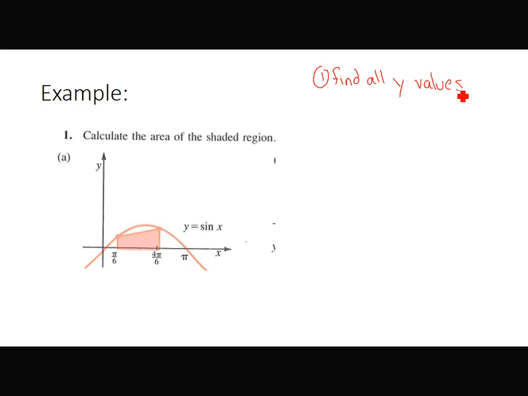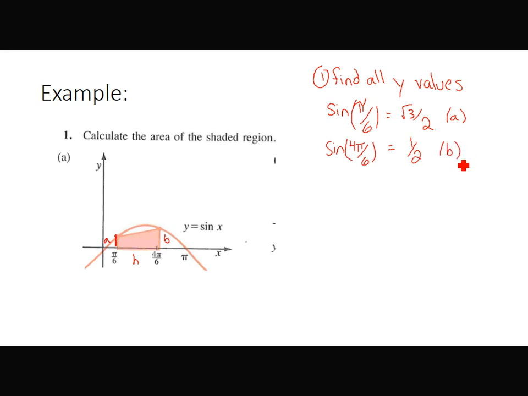So we want to know what sine at pi over 6 is, because that's going to give me this height here, which is a, again this is b, and this is h. So sine at pi over 6 is root 3 over 2. Sine at 4 pi over 6 is 1/2. And so those are our two values.